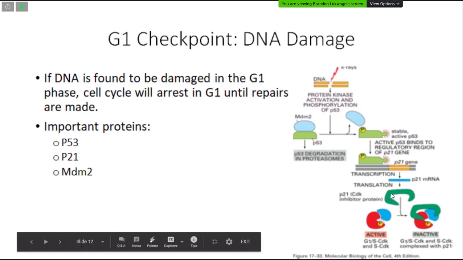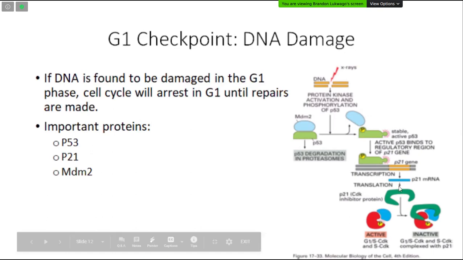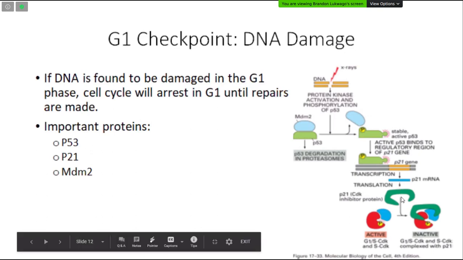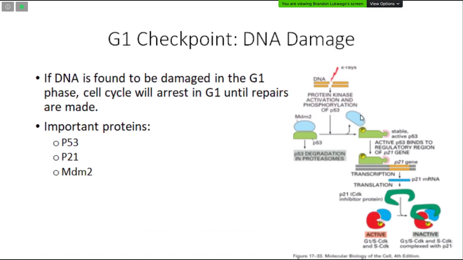This is what will bind to, in this case, the G1/S CDK and S CDK, and prevent them from progressing the cell cycle into the S phase. So this protein will stop or arrest the cycle until the DNA is fixed. And if it can't be fixed, like I think the first group mentioned, then the cell will end up going through apoptosis and it'll die.